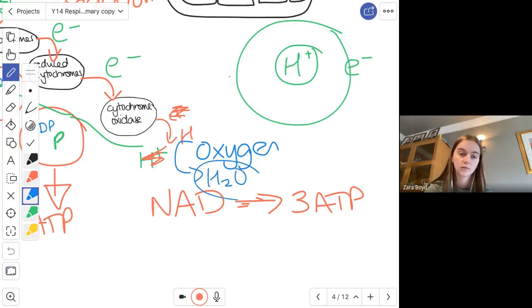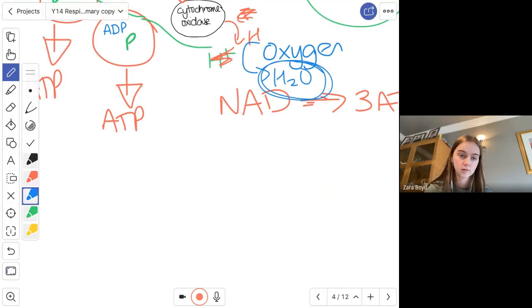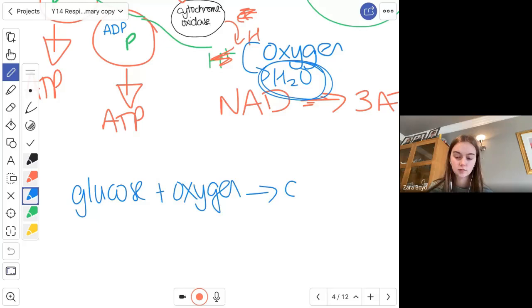Whenever you learnt the word equation for respiration way back in junior school, glucose plus oxygen gives you carbon dioxide plus water plus energy. This is where the water is made here. This is the water.